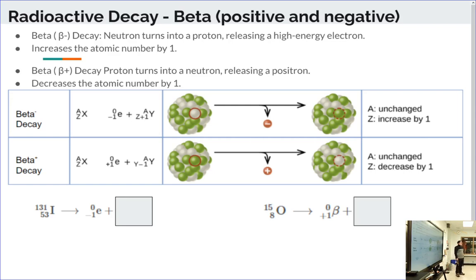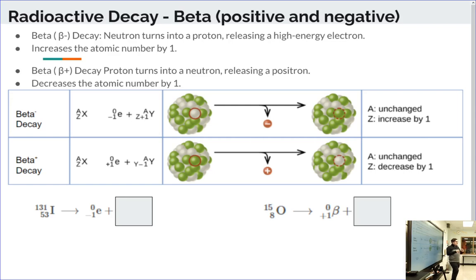What happens if a neutron turns into a proton? You add charge. I just said a neutron turns into a proton. So let's think about this. How does a neutron turn into a proton?